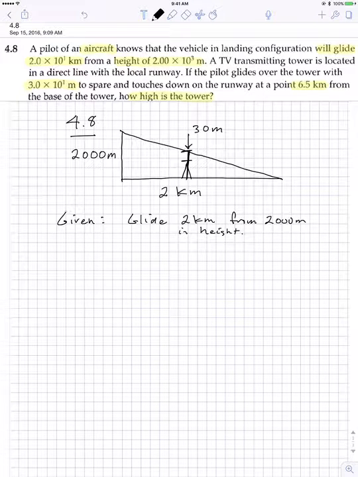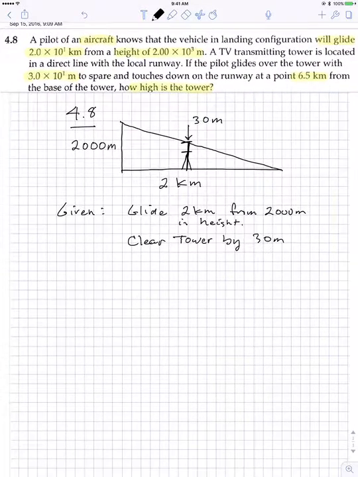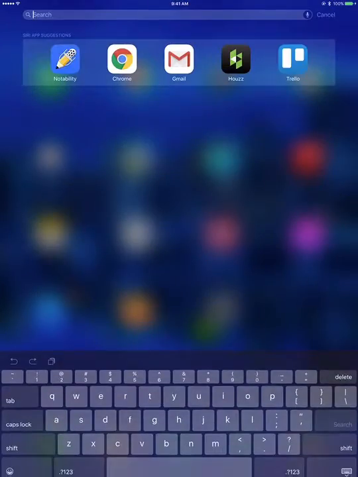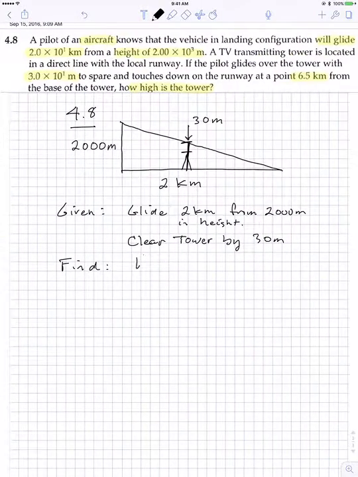Okay, we're given that we clear the tower by 30 meters. Okay, and from there we can find the height of the tower.